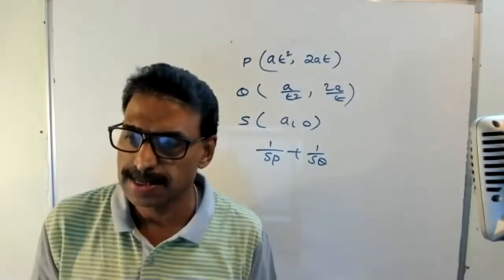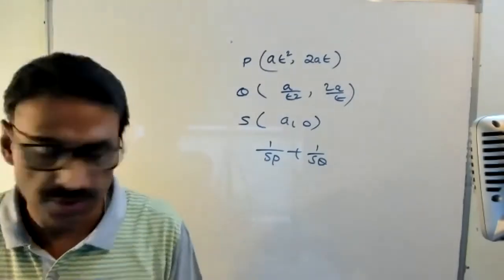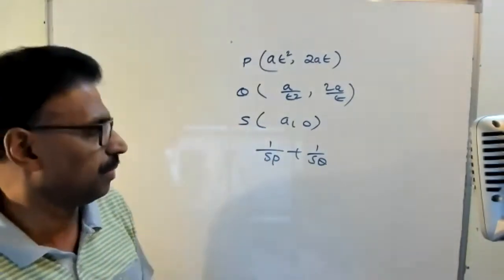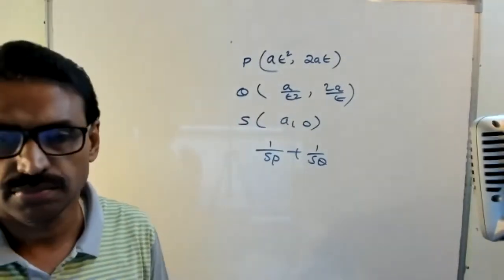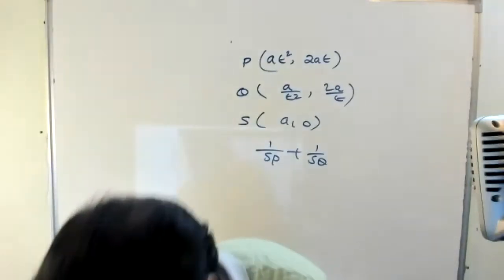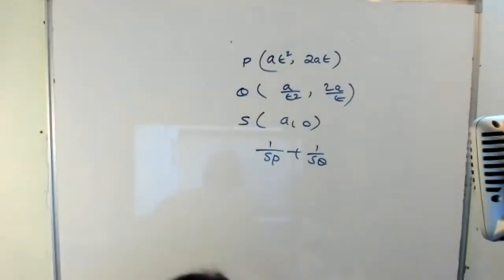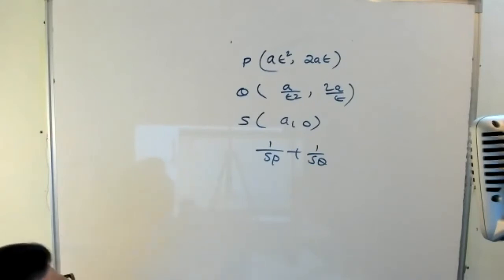Can you try this one? You can find SP using the distance formula. You find out SQ using the distance formula, and substitute. Nia, you got the question? Okay, so try now. Those who have an idea about the distance formula only can solve this one. You have P, you have Q, you have S. First find SP, then find SQ, then simplify.